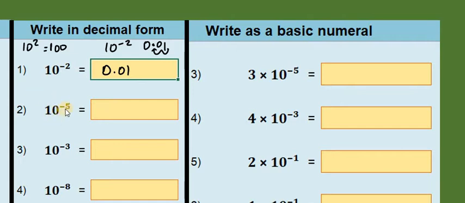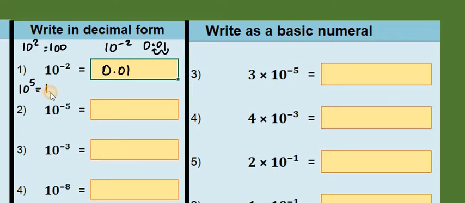Let's look at the second one in a similar manner. 10 to the 5th power. We can think of it as 10 multiplied by itself 5 times. But let's look at it a different way.